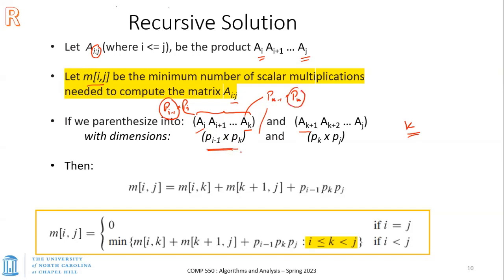Okay, so that's the size of the left half of the parentheses, and the right half is going from Ak plus 1, so it's going to be p_k times p_j. Okay, so these are the two end product matrices after you multiplied this whole set of matrices. And so then the question was, what will Mij be?